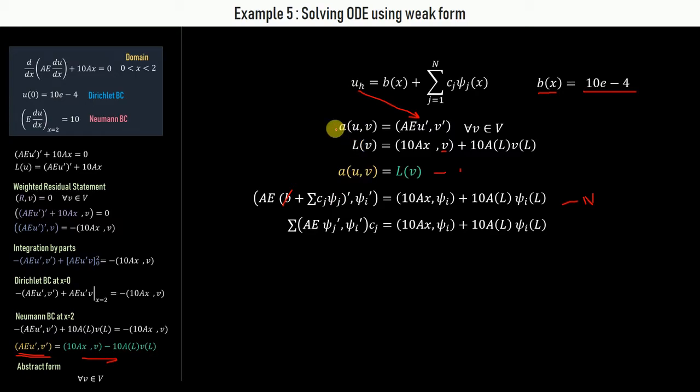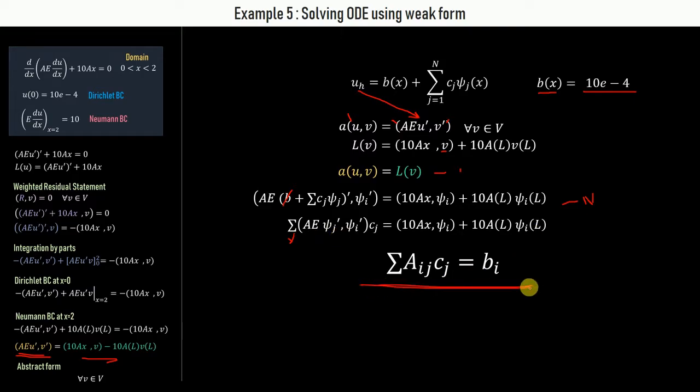So this is the inner product now. Note that this is not the inner product, but these square brackets are inner product. Sorry, these brackets are inner product. Now we can write this thing summed over j, these are i equations.